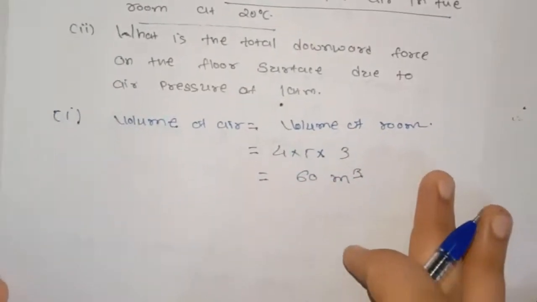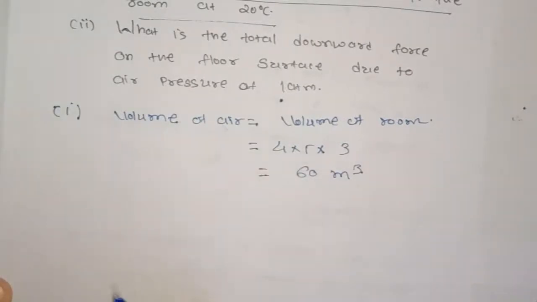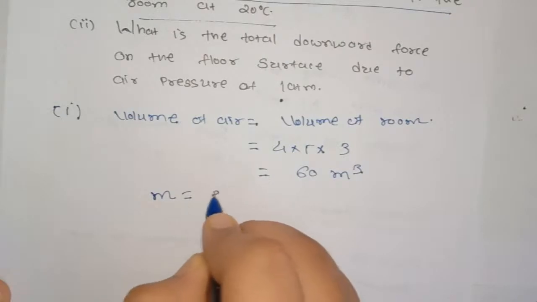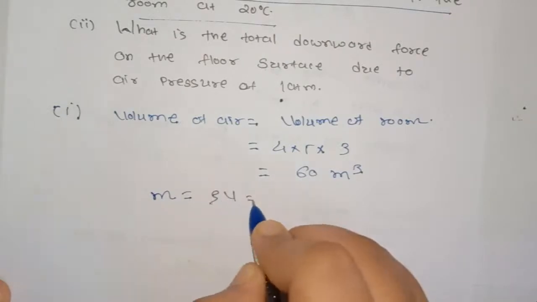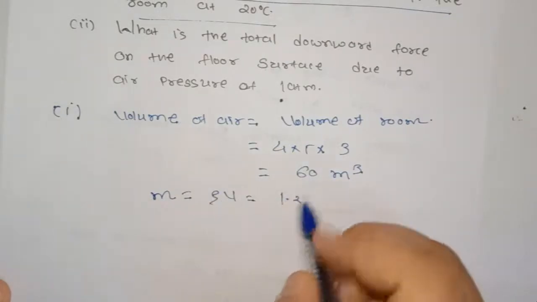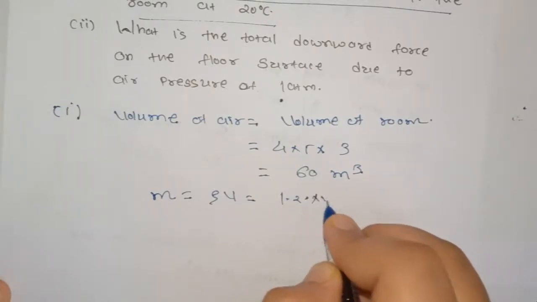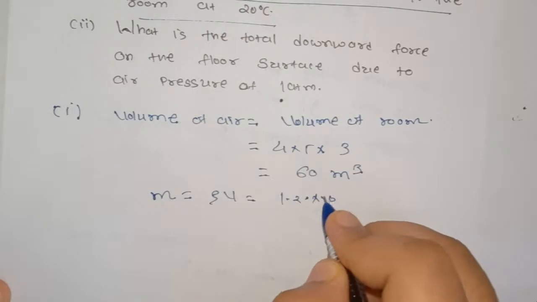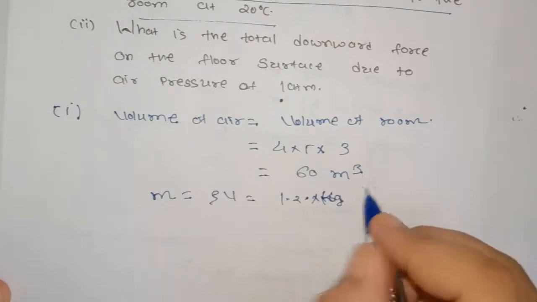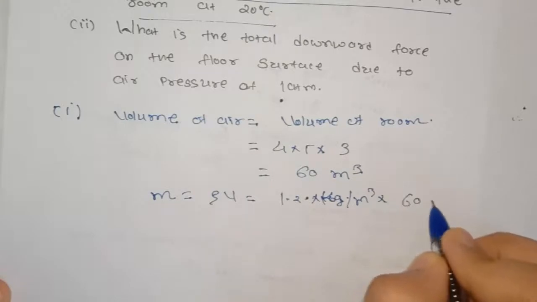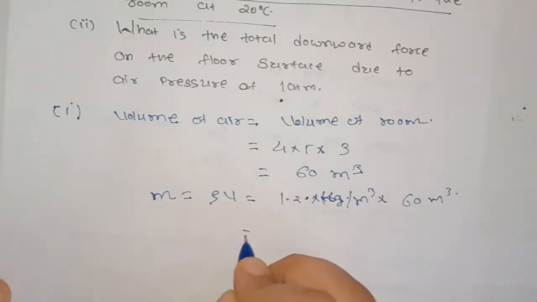Now mass is equals to density into volume. So density of air is 1.2 kg per meter cube, keeping it in SI unit, into the volume is 60 meter cube.